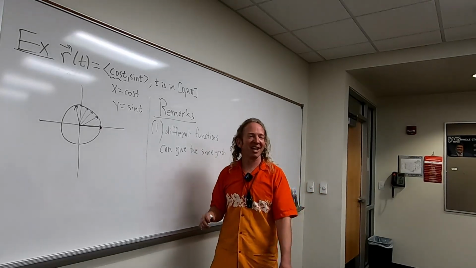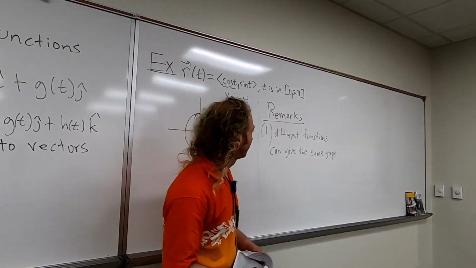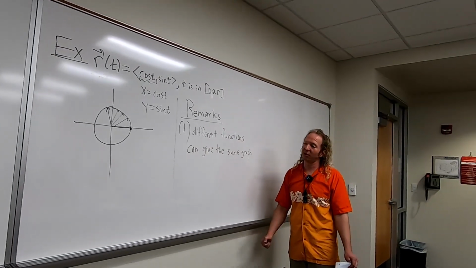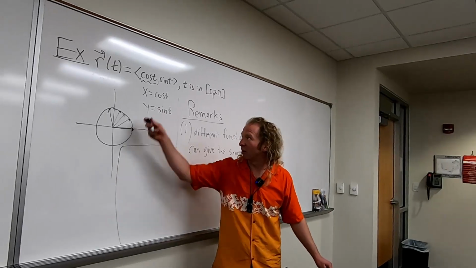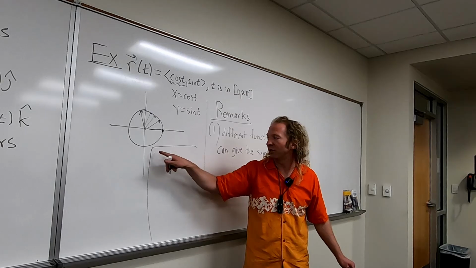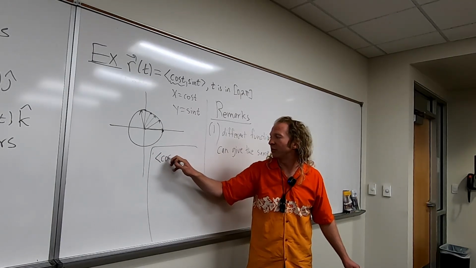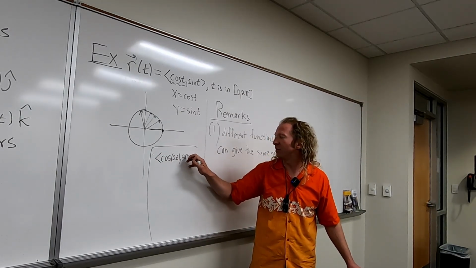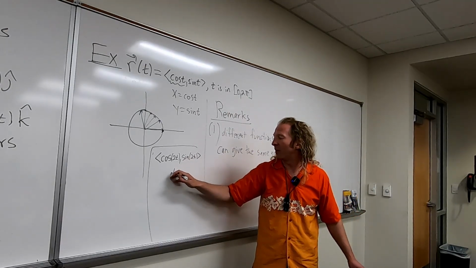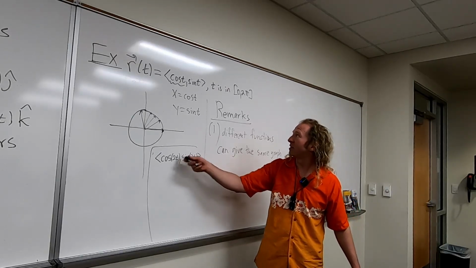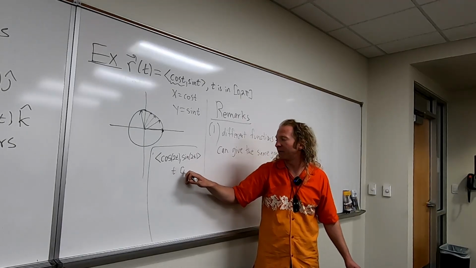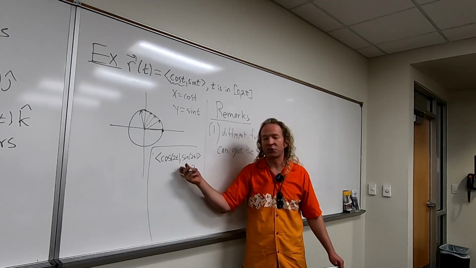So different functions can give the same graph. A really important example that maybe you didn't know, and I'll squeeze it in here: if I change it to a different vector valued function, say cosine 2t, sine 2t, and then change the interval to 0 to pi, the circle is traced out twice as fast.